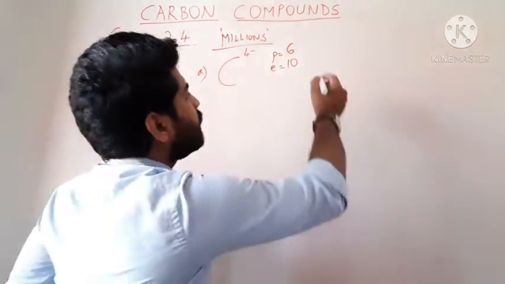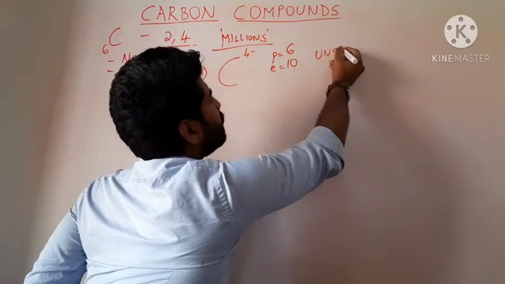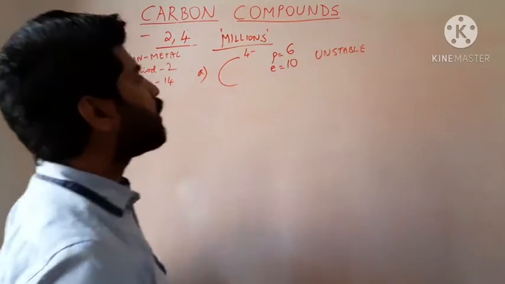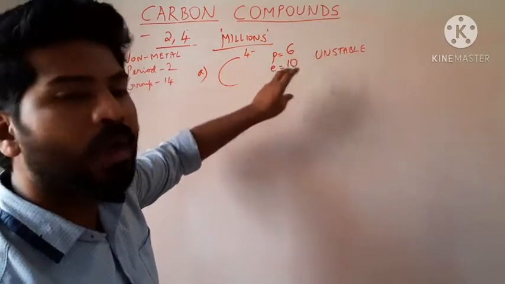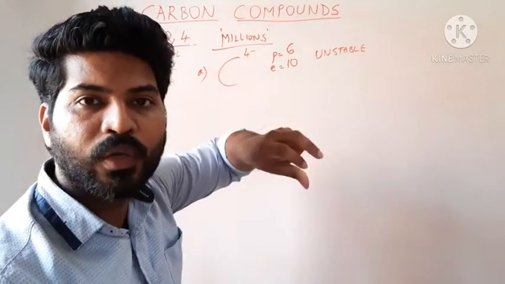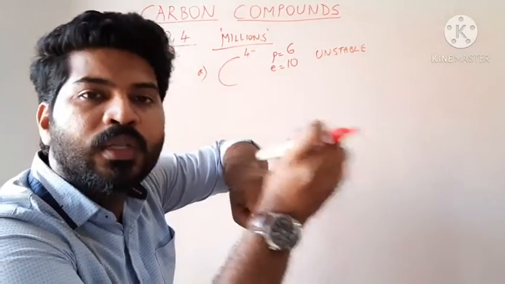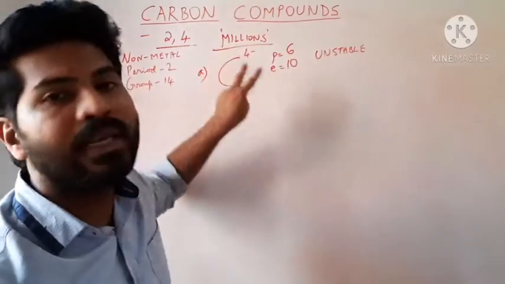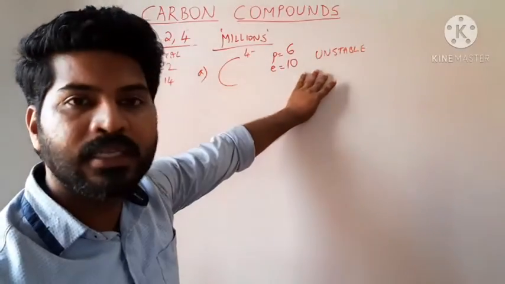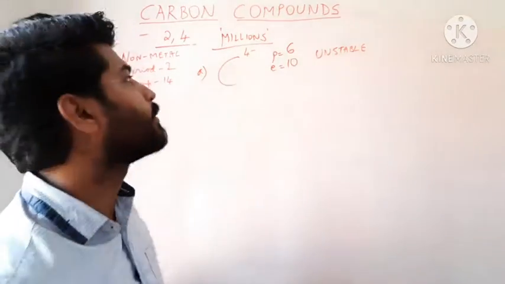This makes the element highly unstable because it is difficult for 6 protons to have control over 10 electrons. The nucleus is not able to hold on to the additional electrons, making it unstable. So this possibility is ruled out.